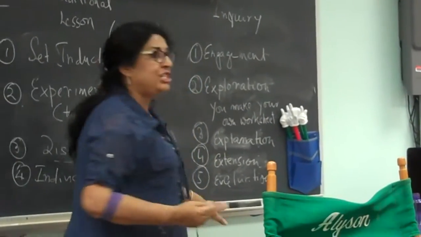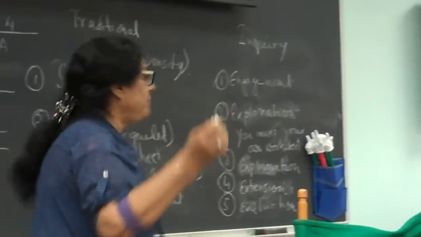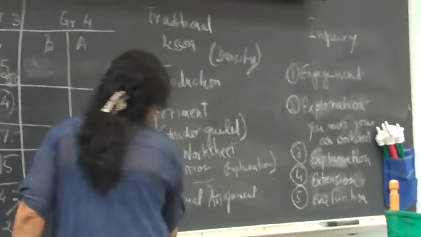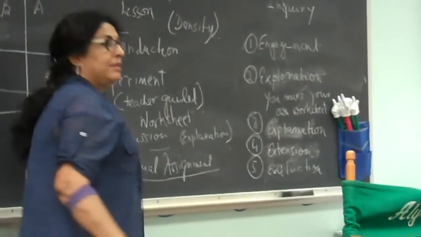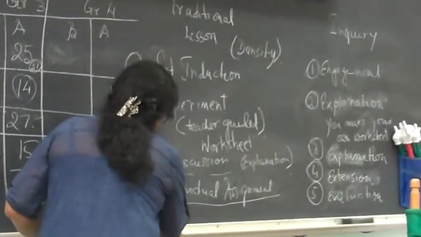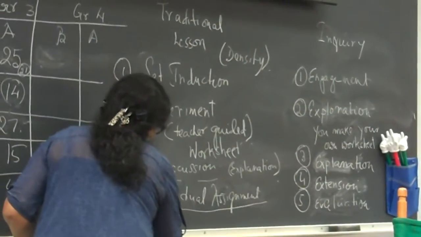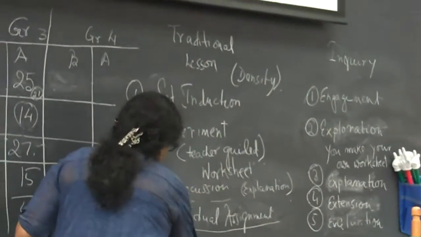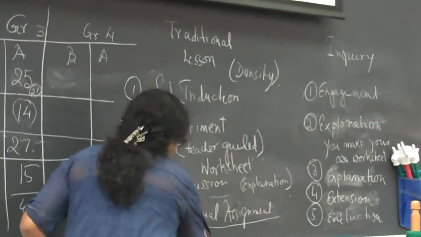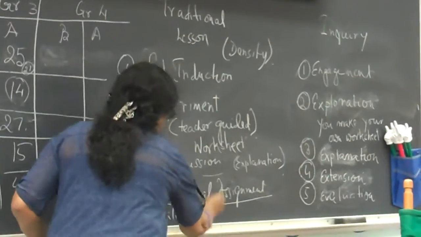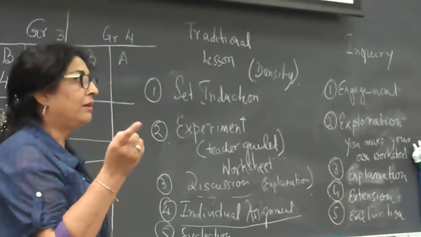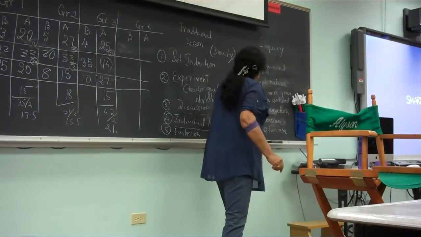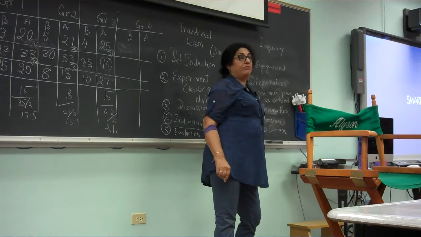And in evaluation, you can use the same evaluation that you have used under individual assignment. In the traditional method also, you have evaluation, right? Okay, these are the 5 steps of inquiry.